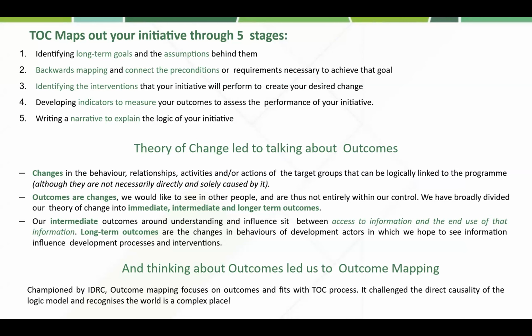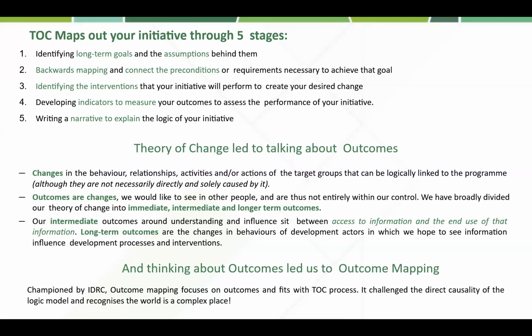And then the next step is identifying the intervention. So if I read from 3 to 1, you identify the intervention and what sort of things you want to do, and then you put the preconditions and the indicators which help you to achieve the long-term goals.